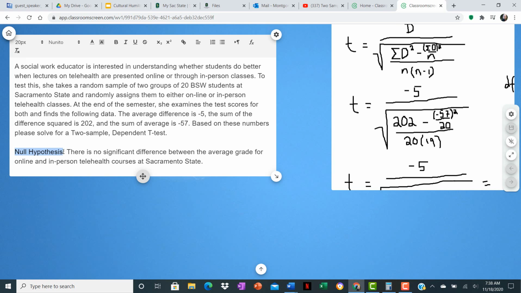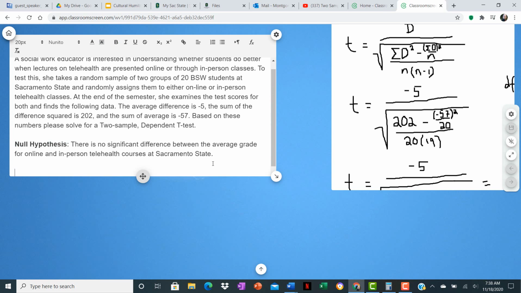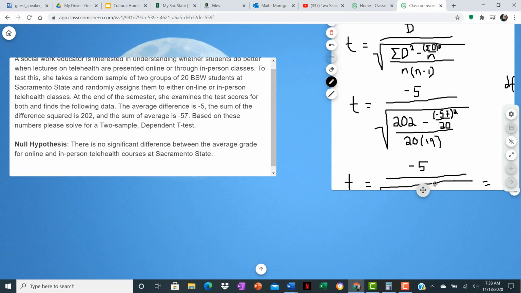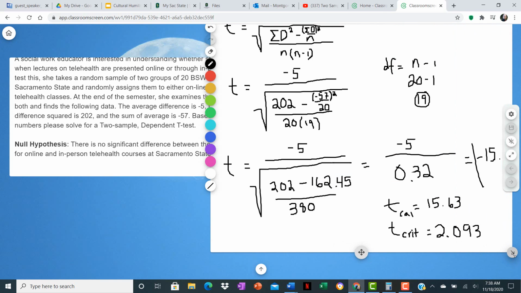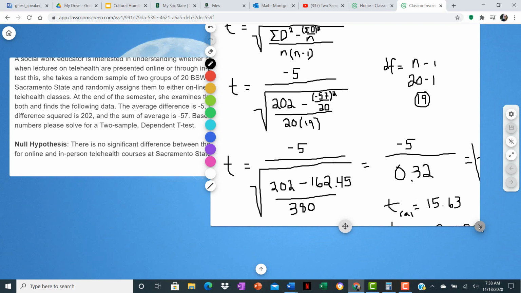Since I already went through all this and tested it, what do we find here? I think you recall that the calculated value is greater than the critical value. And if that's the truth, we're going to reject the null hypothesis. So what is that going to mean? Let me come back to my chart.